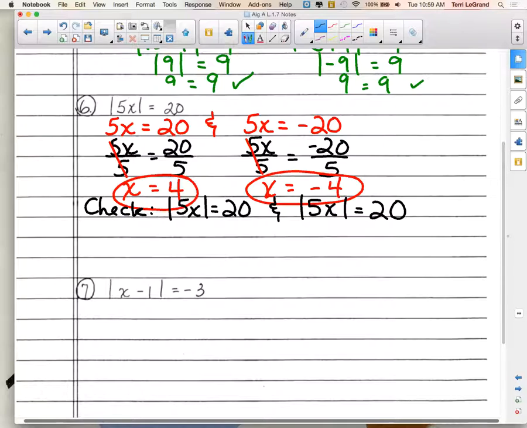We just use it twice because we got two solutions. And we're going to substitute in. So it's 5 times 4. Absolute value bars are still there. What is 5 times 4? 20. So we have the absolute value of 20.